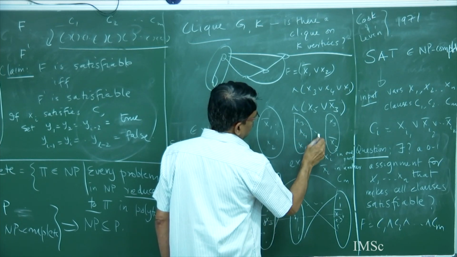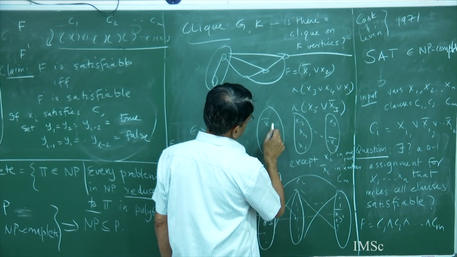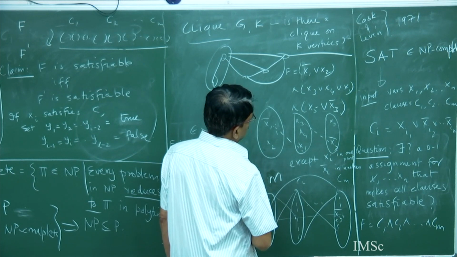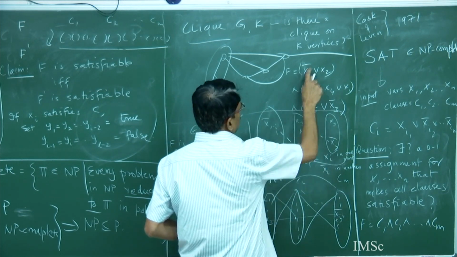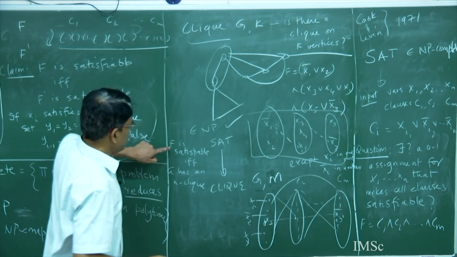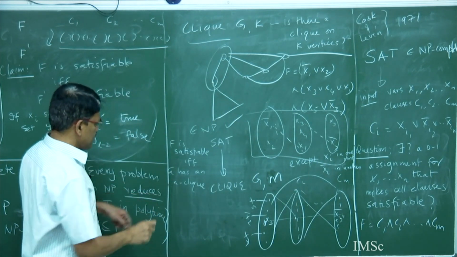So, these are the edges I will not add, I will add every other edge, and that is my graph corresponding to this formula. And then I can claim that f is satisfiable if and only if G has an M clique.